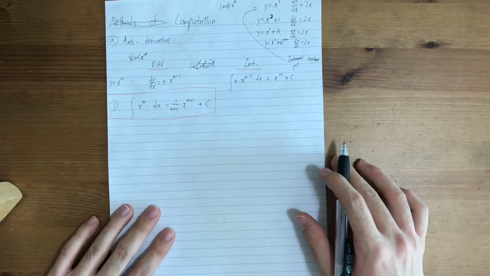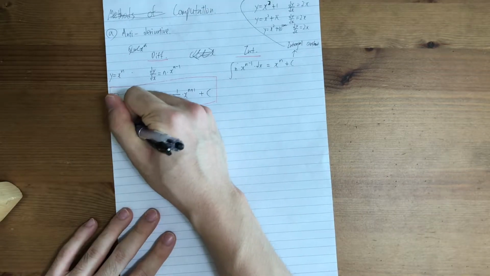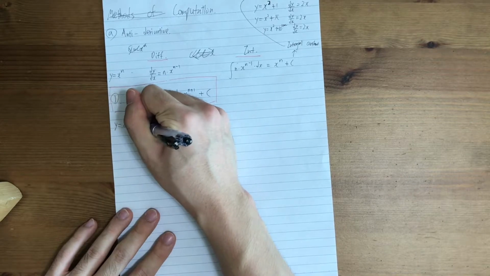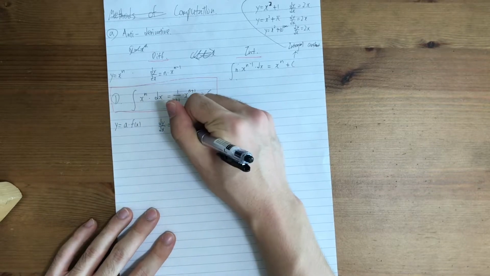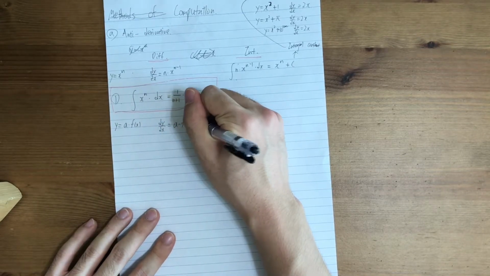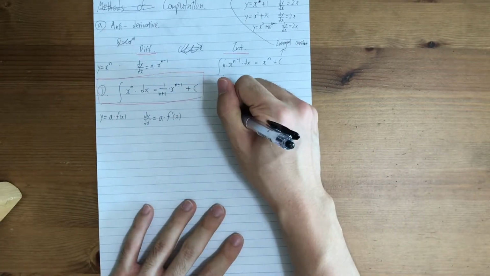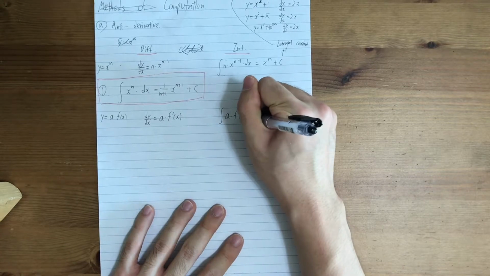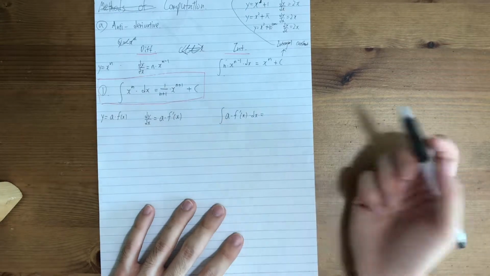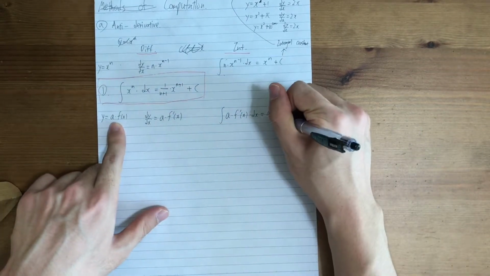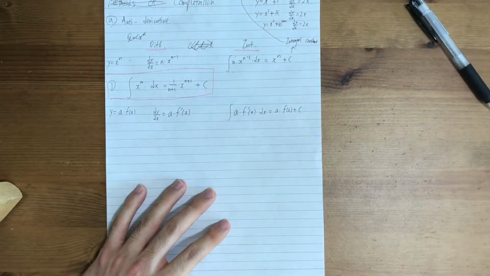And there are some more things that we've also learned in differentiation. For example, when you have a constant with a function f of x, and you differentiate it, you leave the constant and just differentiate f of x to get f prime x. That means if you integrate a times f prime x, then you have a times f of x plus c.